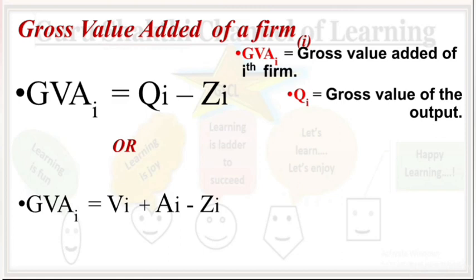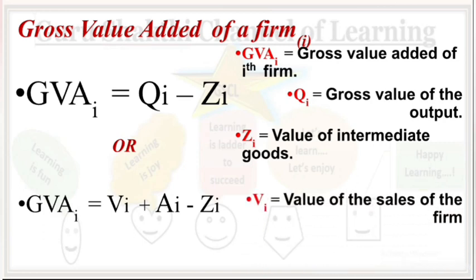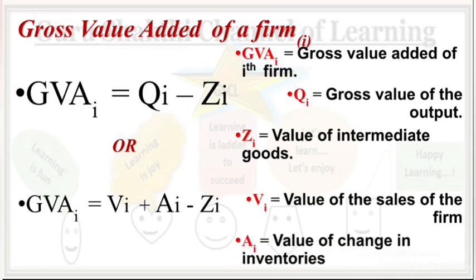Qi is the gross value of the output that has been produced. Zi is the value of intermediate goods. Vi is the value of the sales of the firm. Ai is the value of change in inventories.